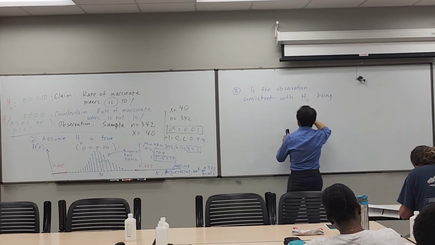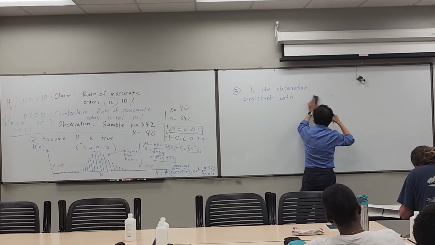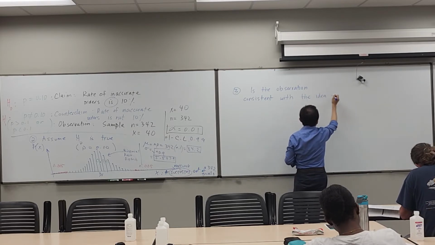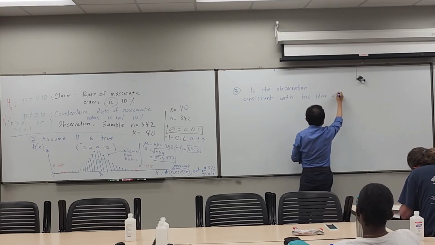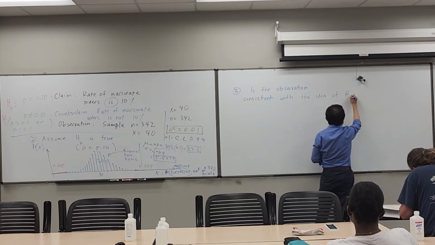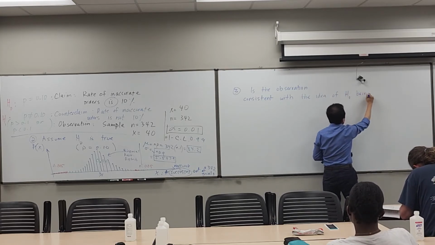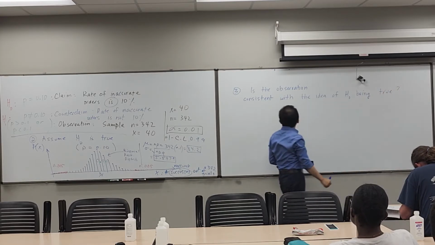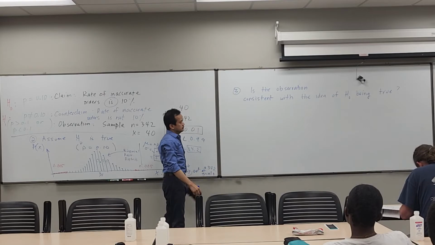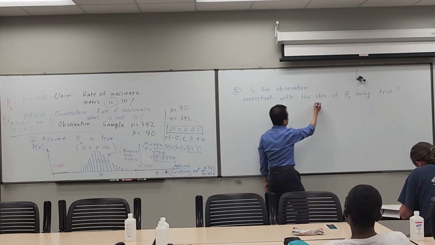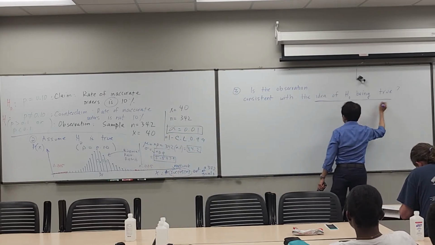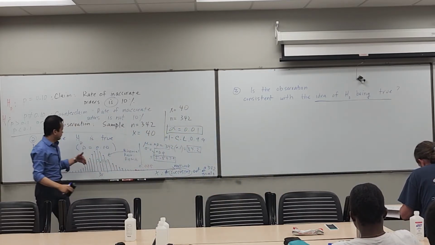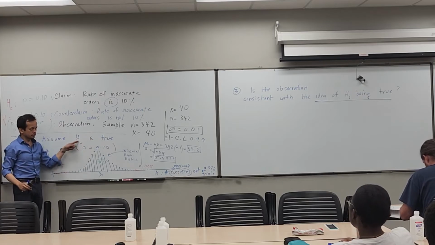I'll emphasize it: consistent with the idea of H0 being true. This last part, the idea of H0 being true, is actually represented by this distribution. This is the distribution representing the assumption that H0 is true.